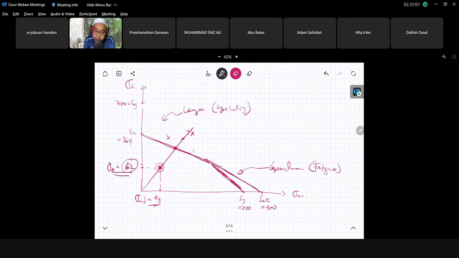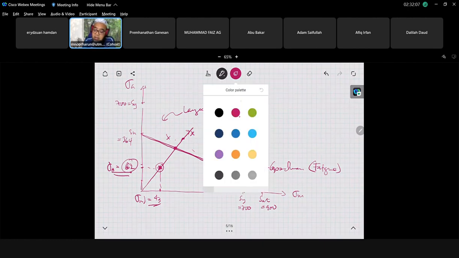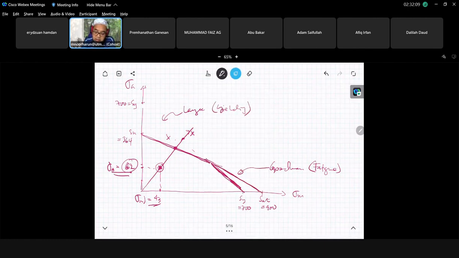From this value, just make one line, touch the value of Sn, touch the value of this one. Then you will get this value, the maximum. So this value divided by this value.